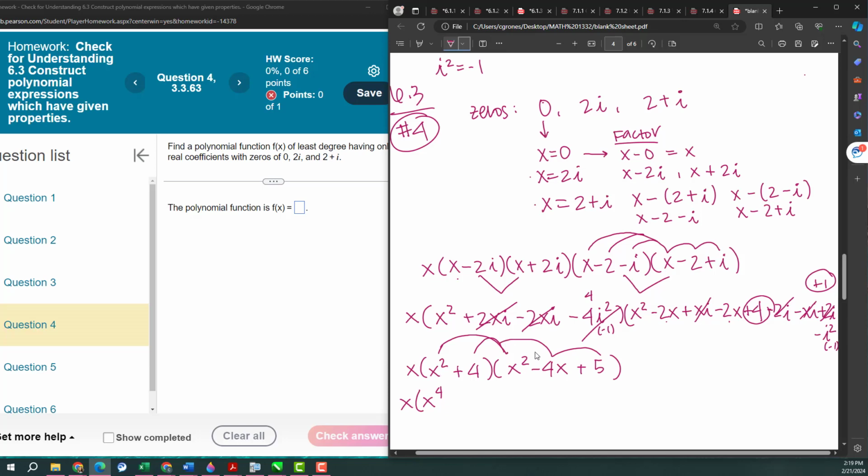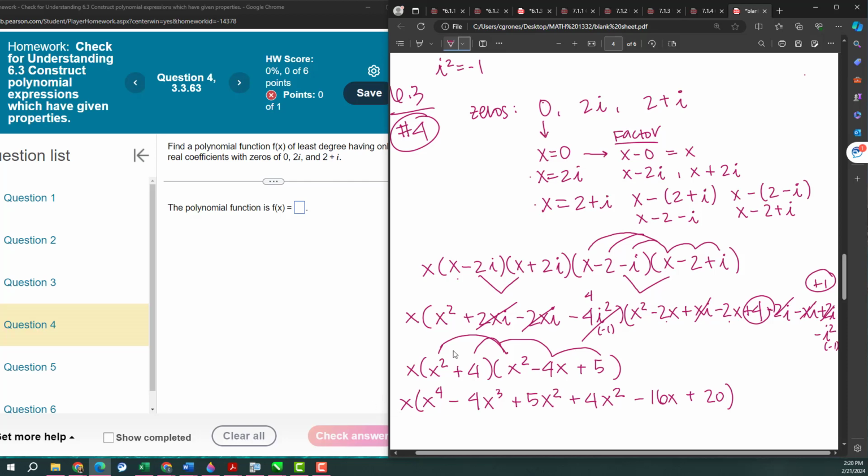X squared times negative 4x would be negative 4x cubed, because this is squared and then this is just 1, so we get x cubed. And then x squared times 5 is going to be plus 5x squared. Now we can multiply our 4. 4 times x squared is positive 4x squared. 4 times negative 4x is negative 16x. And then 4 times 5 is positive 20.